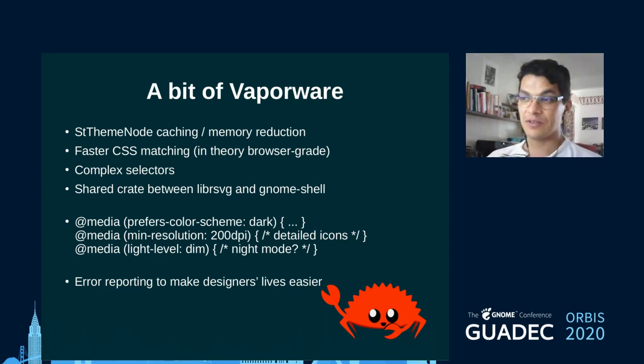But let's talk about stuff that doesn't exist yet, the bright future, right? ST-theme node is an important place to reduce memory consumption in GNOME shell because every single widget in the screen has one of these, so it needs to be as small as possible.